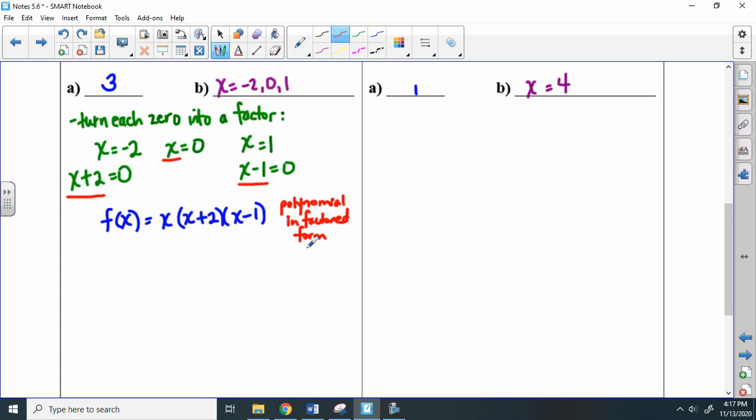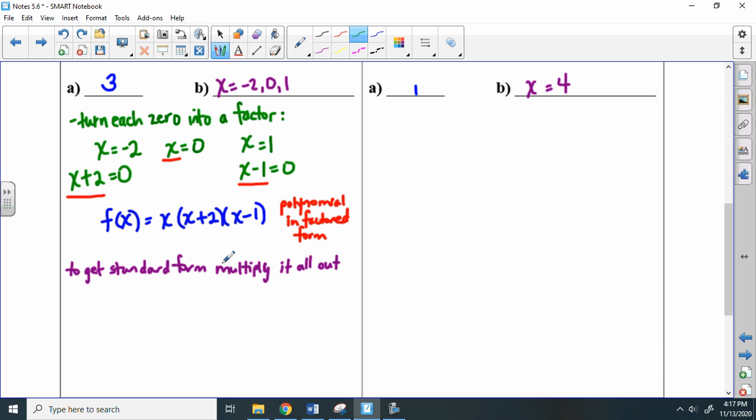If you are ever asked to get it into standard form, you would need to multiply this all out. What do I mean by that?